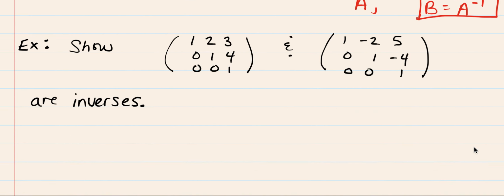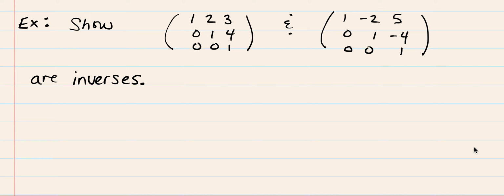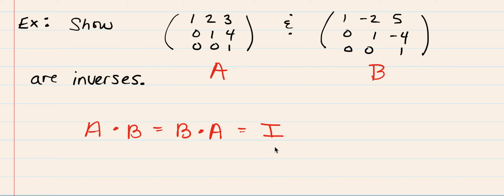So let's do a quick example of this, and then we'll talk more about this in the next section. So let's show that these two matrices are inverses. That means that this matrix A, and let's call this matrix B, that A times B is equal to B times A, and what we're going to get when we multiply them is the 3 by 3 identity matrix, which is going to be 1, 0, 0, 0, 1, 0, 0, 0, 1.